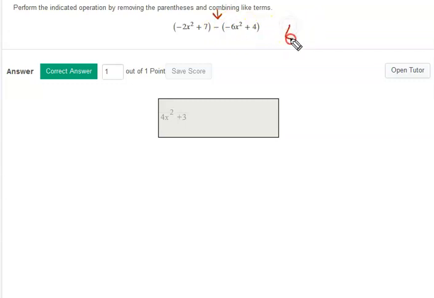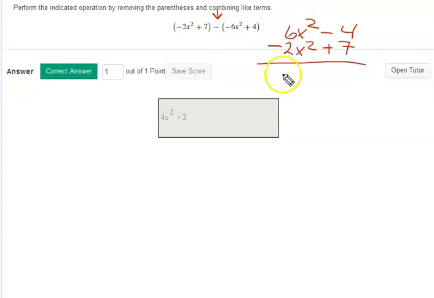So I have a positive 6x squared and a negative 4 now after changing both of these signs. Then I'm just going to put this underneath then. Here you just release the parentheses and you get a negative 2x squared and a plus 7.